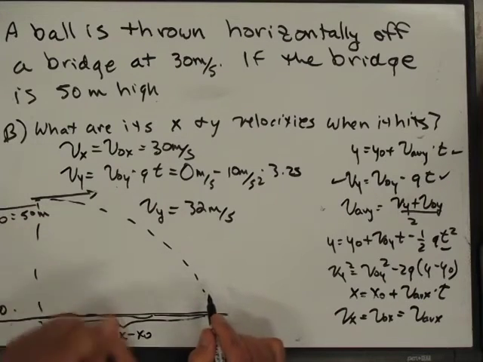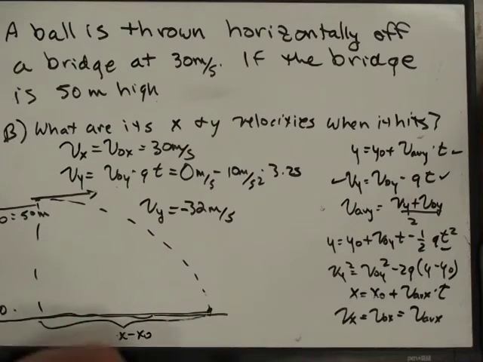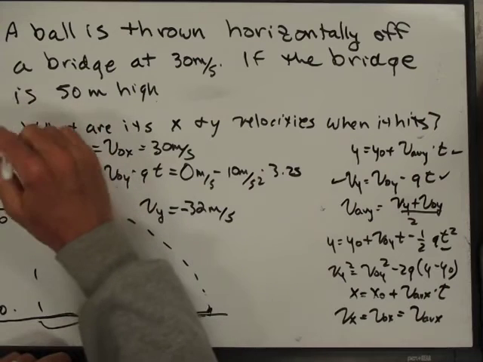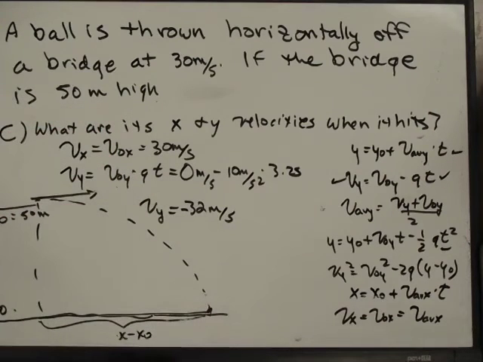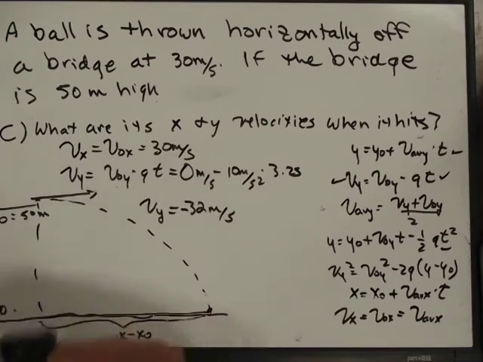And so it's moving at 32 meters per second, sorry, as a minus sign, because it's going downward in the y direction, and 30 meters per second in the x direction, right? And so that would be question C. Sorry, I keep changing them at the very end. So it's moving 30 meters per second this way and 32 meters per second that way.